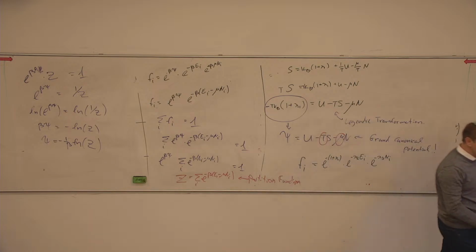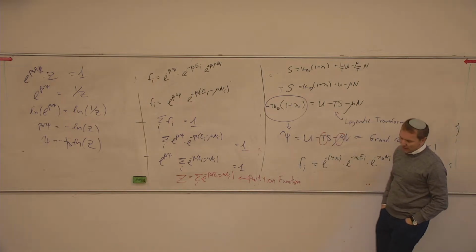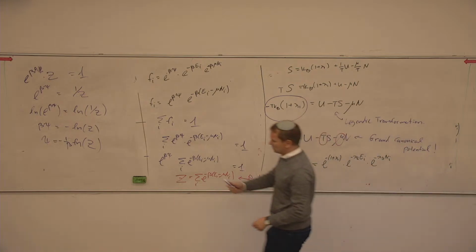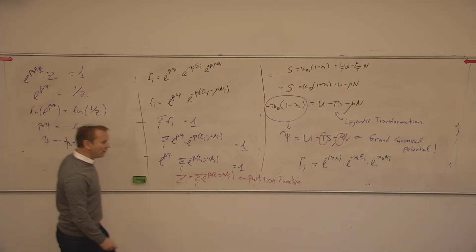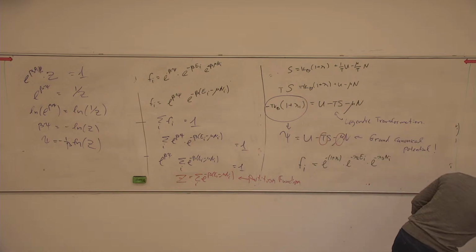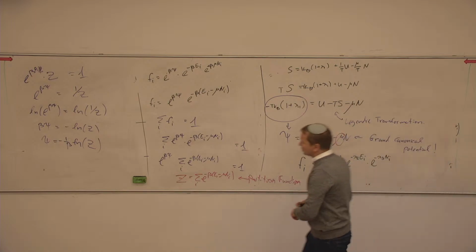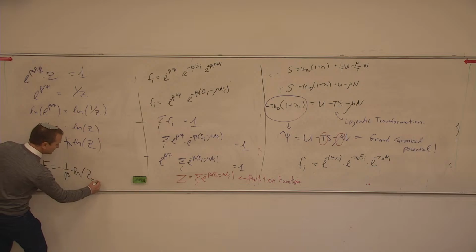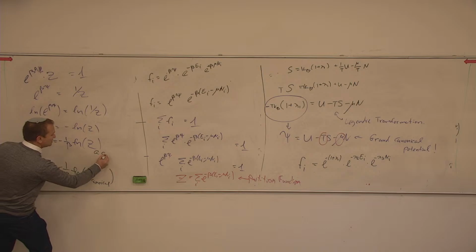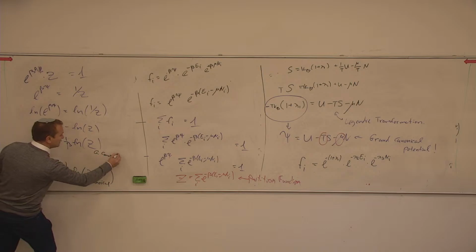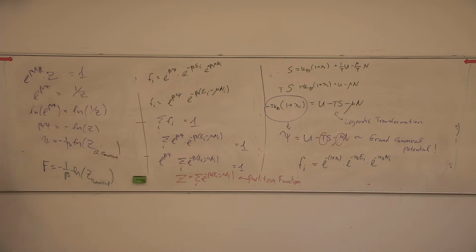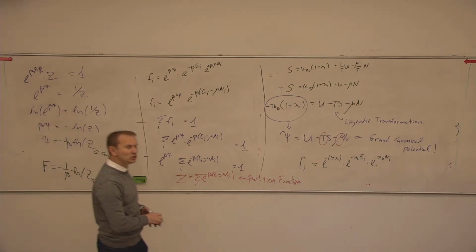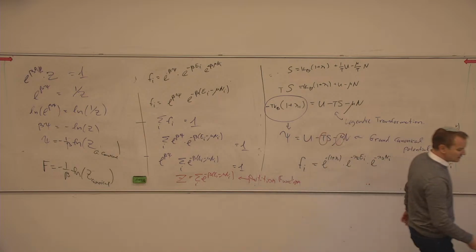Remember, the free energy is minus 1 over beta log Z. This is the grand canonical. For the canonical, it was a very similar structure: F also equals minus 1 over beta log of Z canonical. Here we can write grand canonical. The structure stays the same. The different relations to thermodynamics stay the same.